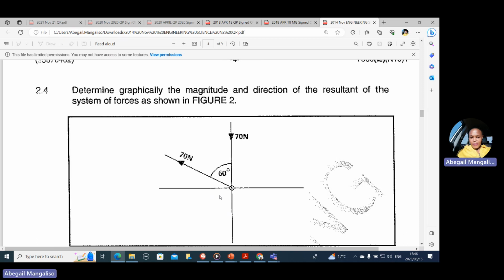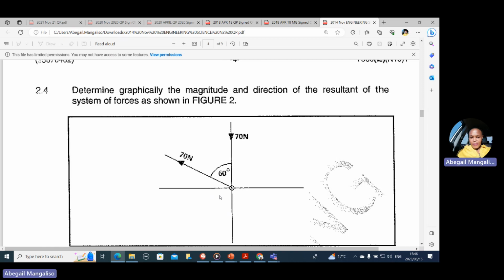So 1 newton can be equal to 1 millimeter, so that 70 newtons can be equal to 70 millimeters. So this line is 70 millimeters.